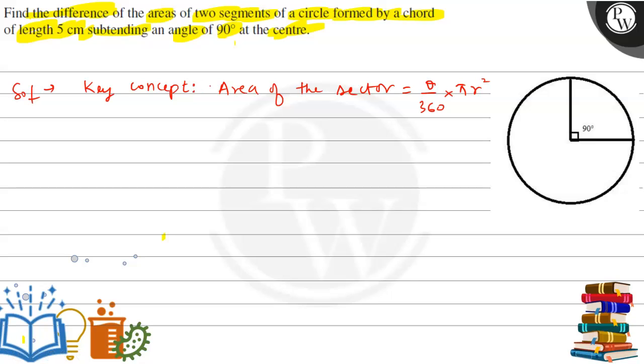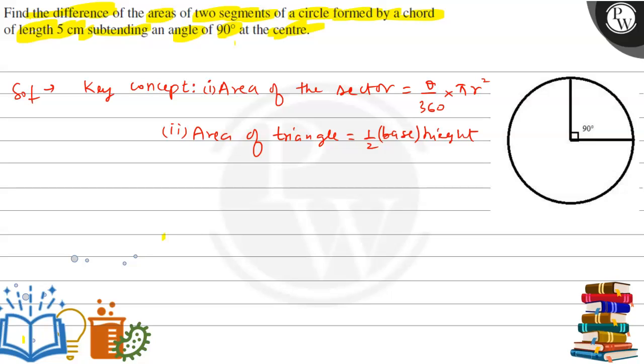One more thing we will use is the area of a triangle, which is simply given by 1/2 base into height. So this is the simple formula, and we will use it to solve this question.